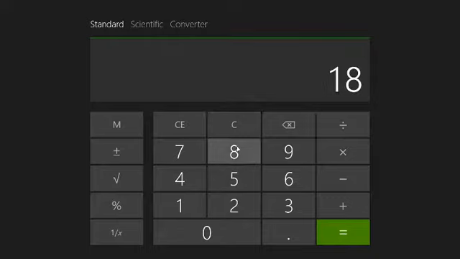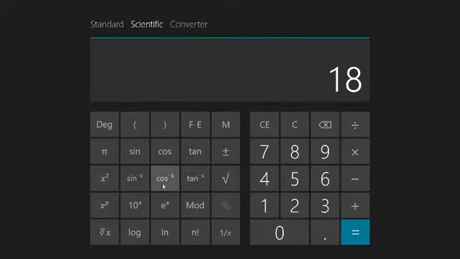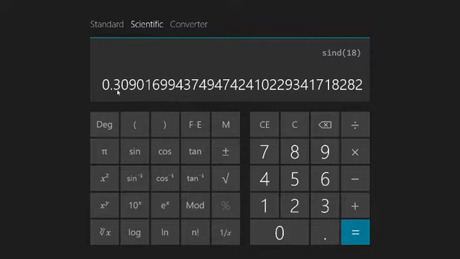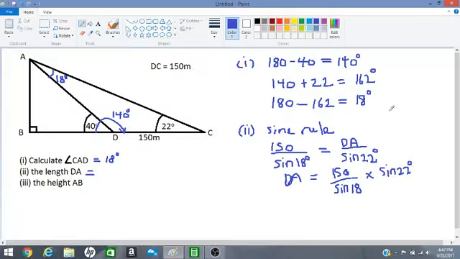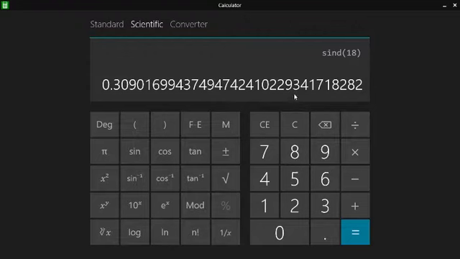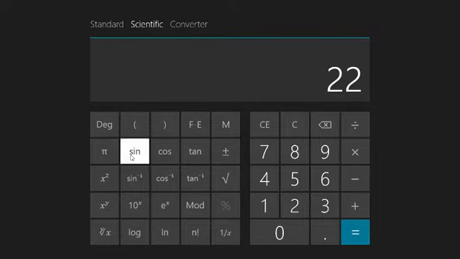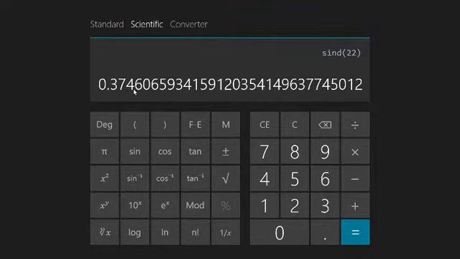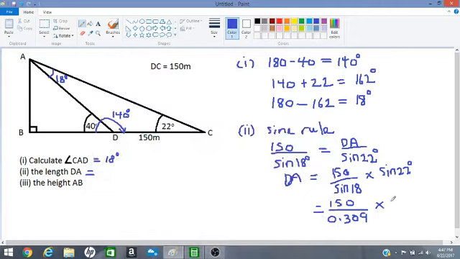Sine of 18 is 0.309. I am working up to 3 decimal places with sine, and sine 22 is 0.375 rounded off to 3 decimal places.